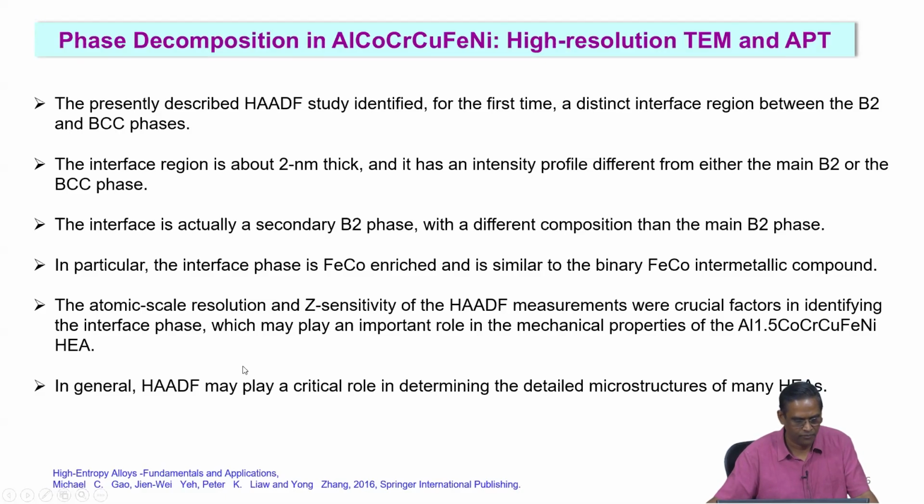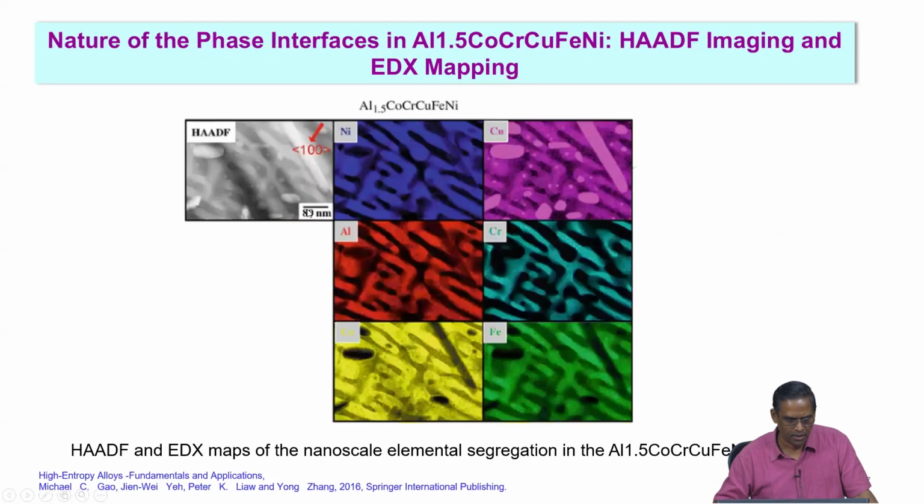So the HAADF technique is a very useful and very important technique in identifying this. And if you look at the phase interfaces, the nature of interfaces of similar alloys, again this HAADF imaging and EDS mapping combination will be much more effective.